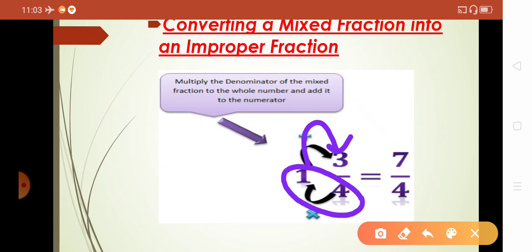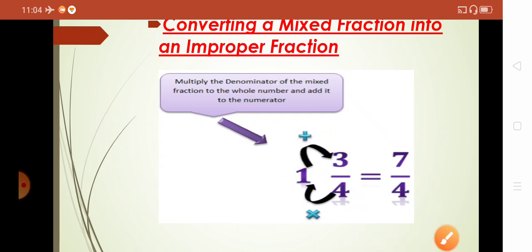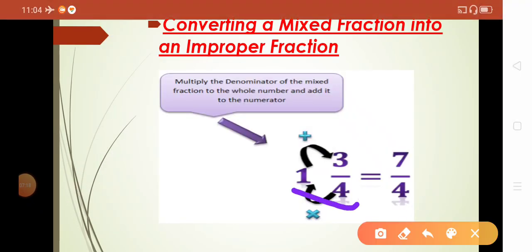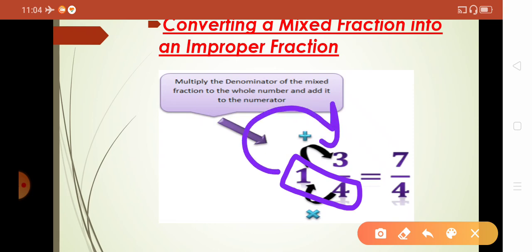I have told you in your 6th class also how to convert a mixed fraction into improper, or how to convert an improper fraction into a mixed fraction. So 4 ones are 4, 4 plus 3, 7 by 4.